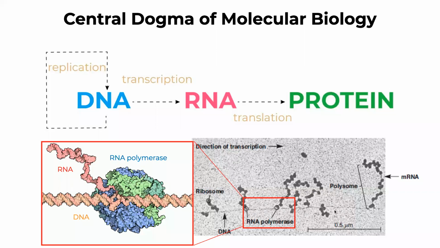It's kind of faded, you can barely see it. And then RNA polymerases that attach to the DNA and produce RNA. And then some of that RNA develops into mRNA, and that mRNA eventually is produced into protein.